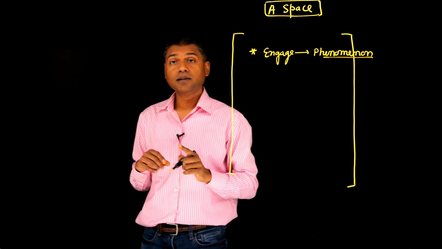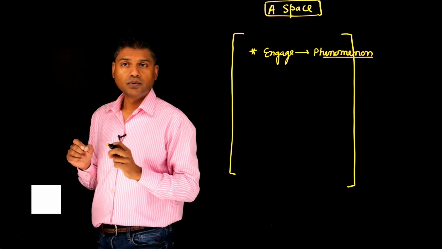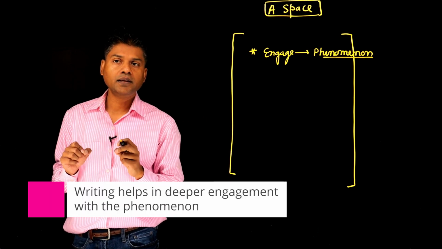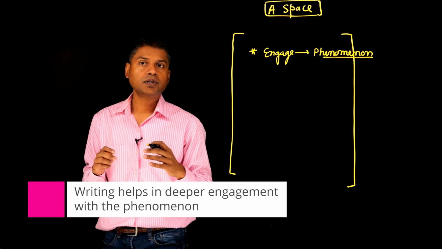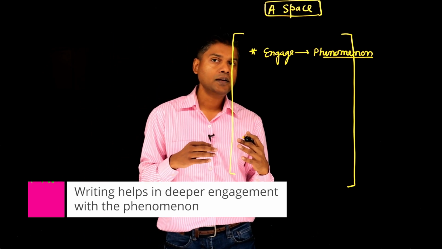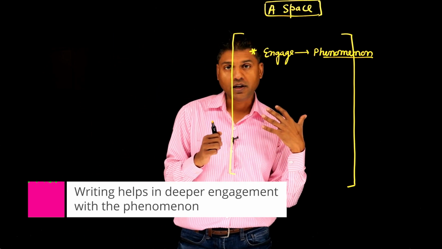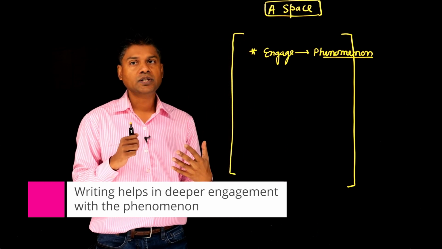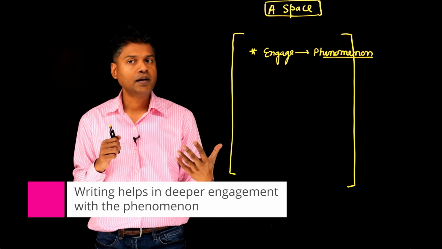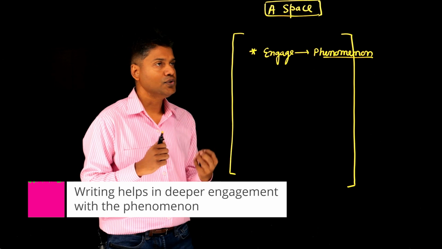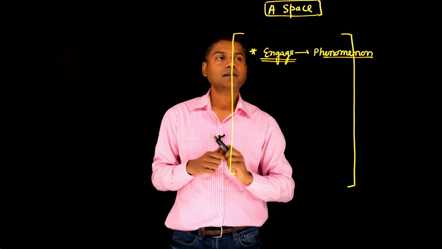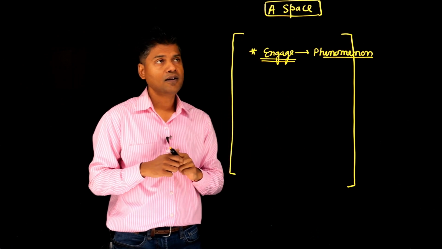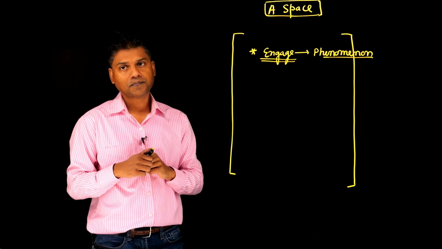So writing is used to get deeply engaged in the phenomenon so that you could understand, you could get familiar, you could develop creative insights. So writing is a tool for a deeper engagement with the phenomenon in phenomenology.